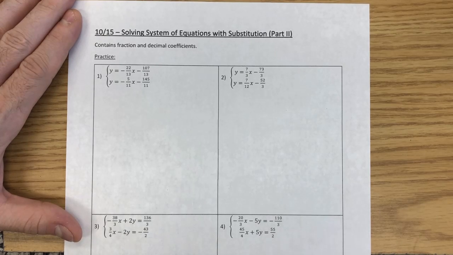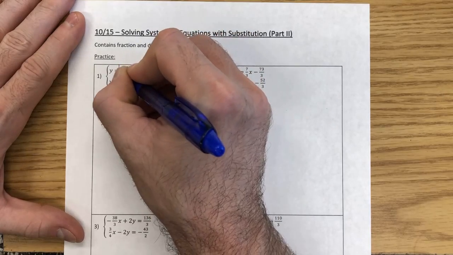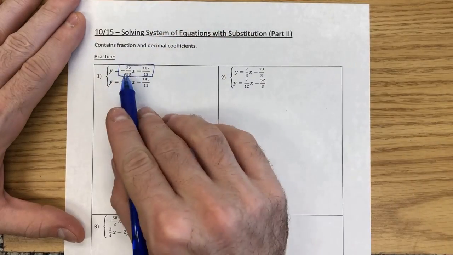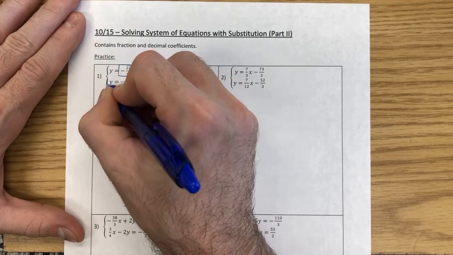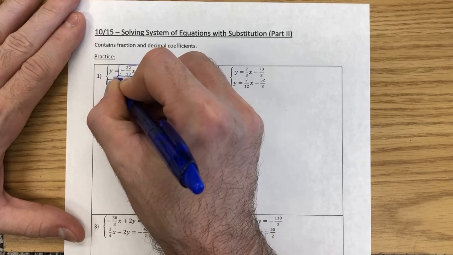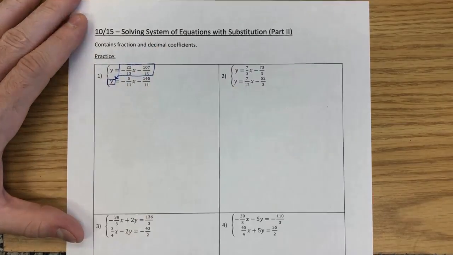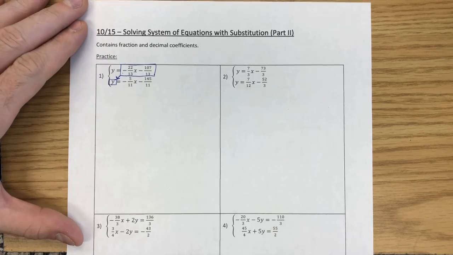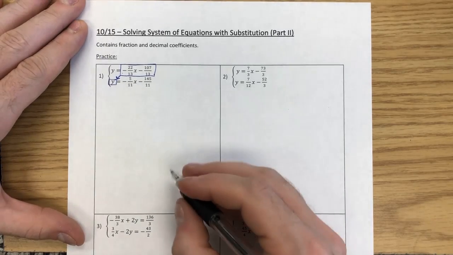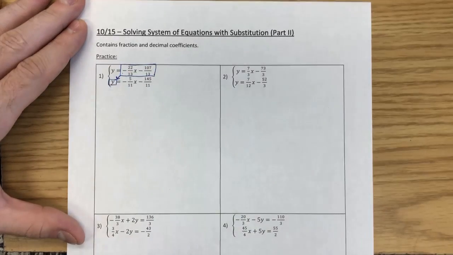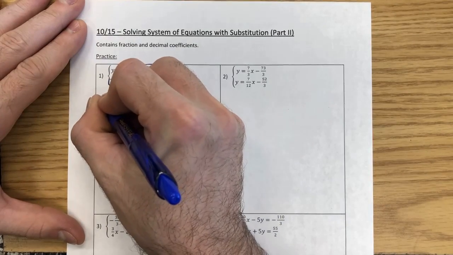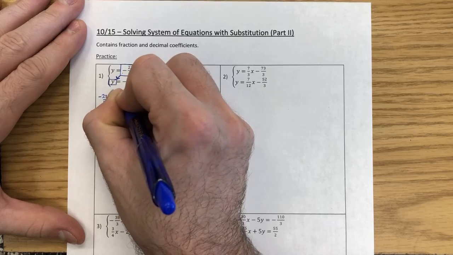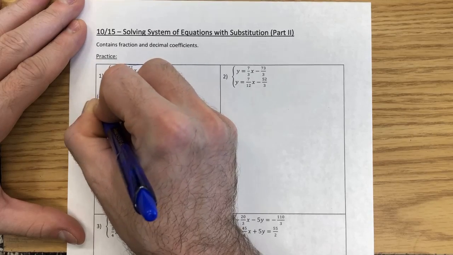So, as we always remember, in substitution, if I have a variable that's isolated, I'm going to take what y equals, and I'm going to plug it in, and I'm going to replace my other variable y with what y is equivalent to. And so what that's going to do is give me a negative 22 over 13 x minus 107 over 13.